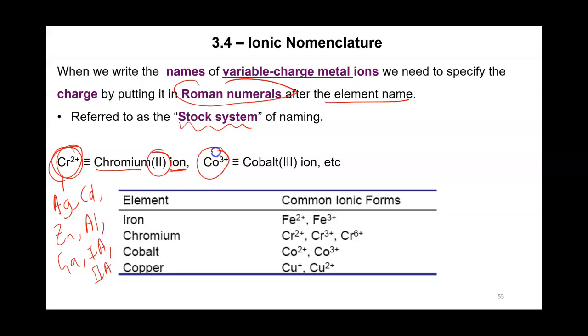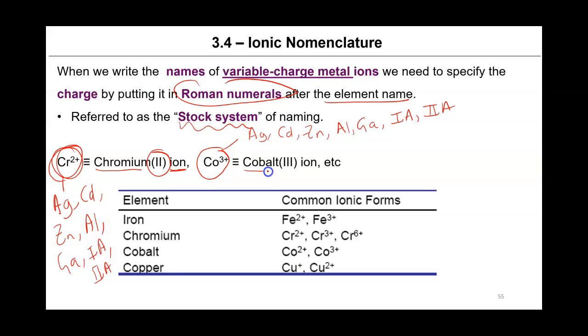Let's look at this guy. If we want to name this one, we go through the same process. It's not silver, it's not cadmium, it's not zinc, it's not aluminum, it's not gallium, it's not in group 1A, and it's not in group 2A, so we're going to need to specify the charge.